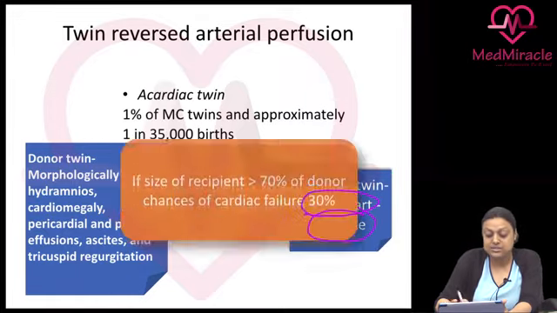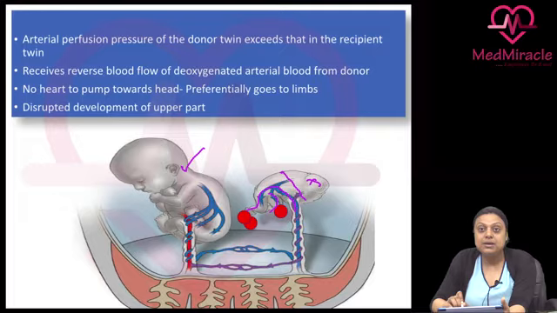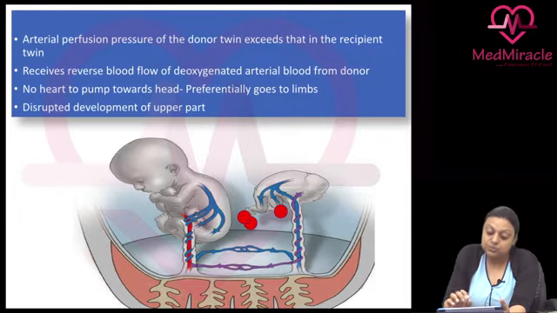The pumping action in the recipient twin is also controlled by the donor twin, because of which there is a high output cardiac failure in the donor twin, and the recipient twin is acardiac. Although the lower limbs and the lower part of the body are well developed, the upper part is morphologically abnormal. So that is what is happening. That is twin reversed arterial perfusion sequence. So this is one of the complications associated with the monochorionic pregnancy because of vascular anastomosis.